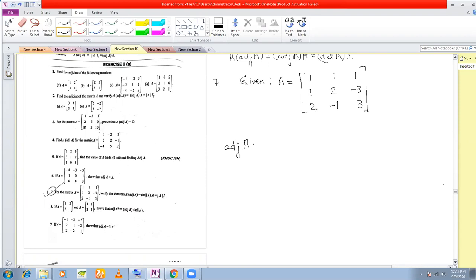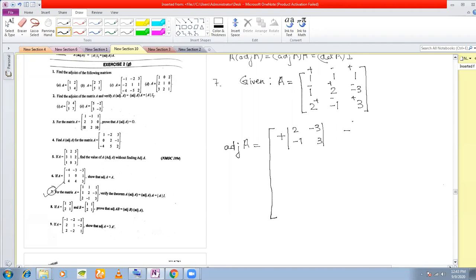Adjoint of A. So you have these positions: plus, minus, plus, minus, plus, minus, plus, minus, plus. So with a plus sign, the minor of 1 will be [2, minus 3; minus 1, 3].